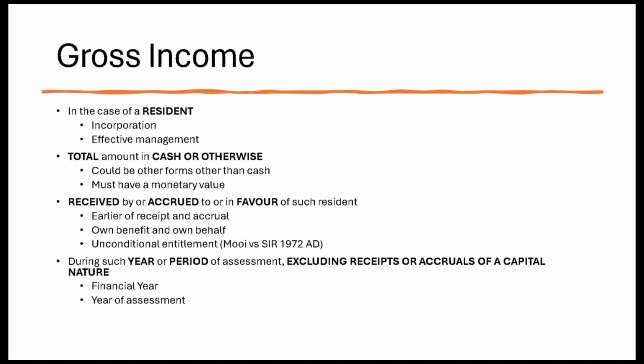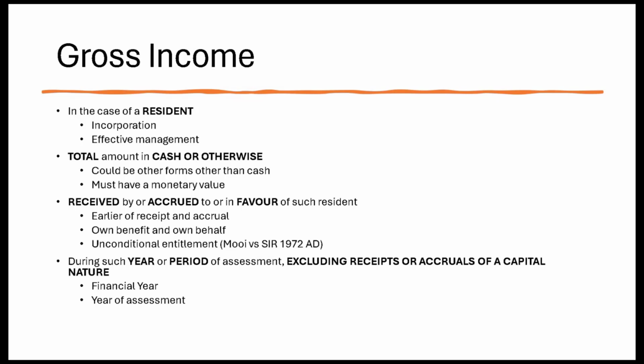It's come in the form of something else. But very important, that something else must have a monetary value. So if I am providing my services today, and tomorrow UNISA says you can come and do a course for free, I'm not doing that course for free. I'm providing a service and they're paying me in the form of not having to pay for this course. The value of that course is what I would put in my gross income. Does that make sense?